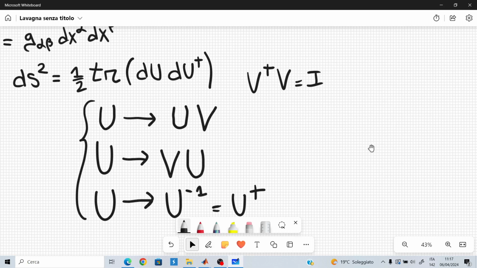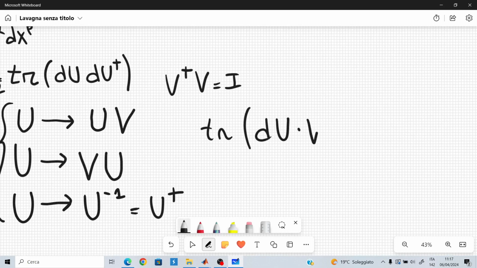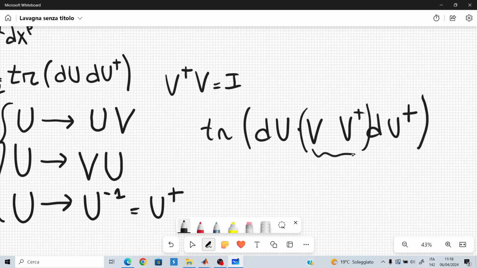For example, we can take the first one. So we have the trace of dU becomes dU V, and then we have V dagger dU dagger. And here you can see that V dagger V will give you the identity.